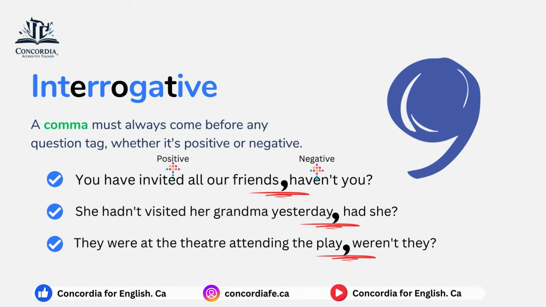The last example, "They were at the theater attending the play, comma, weren't they?" And it's the same. The statement is positive, and you need to use a comma to separate the statement from the question tag. And the question tag is a negative question tag. Why? Because the statement is positive.